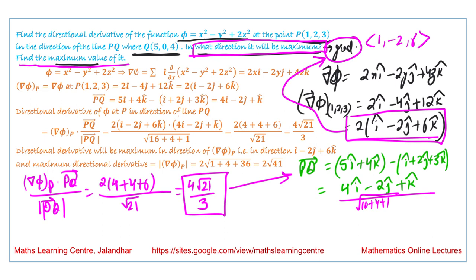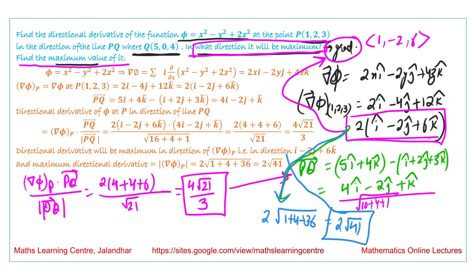Now the maximum value means we want to calculate the modulus, or length, of this vector. The length of this vector is given by 2 square root of 1 plus 4 plus 36. So the answer we get is 2 root 41. This is the maximum value of the directional derivative.